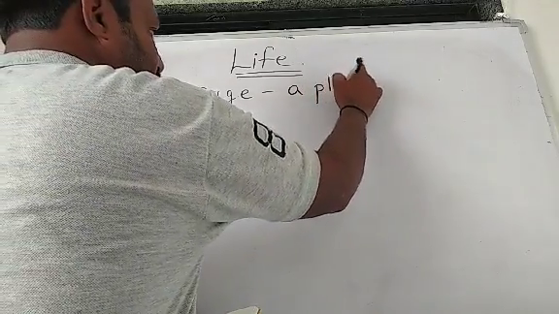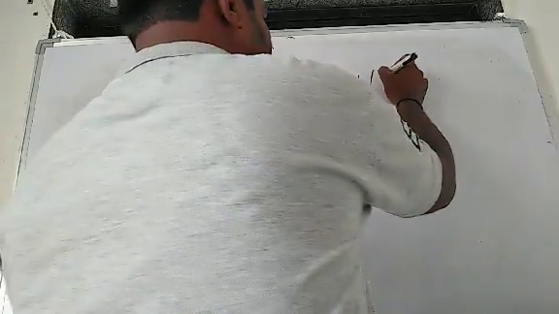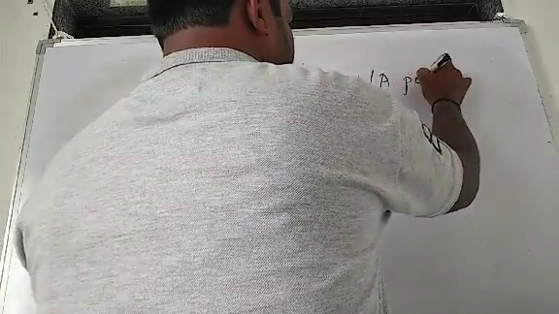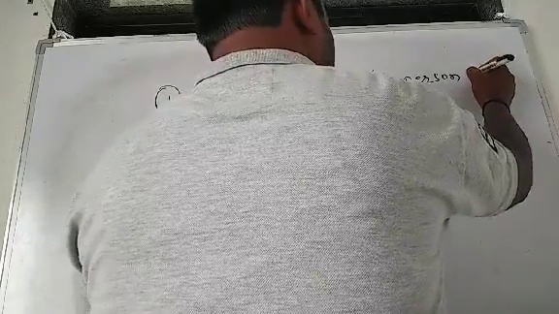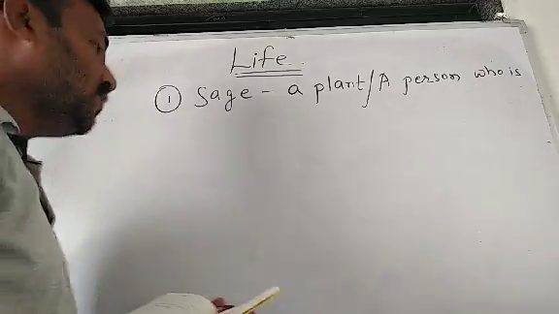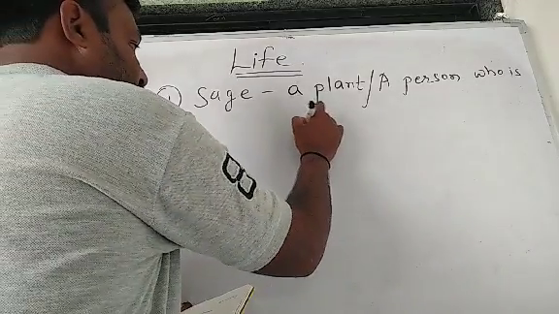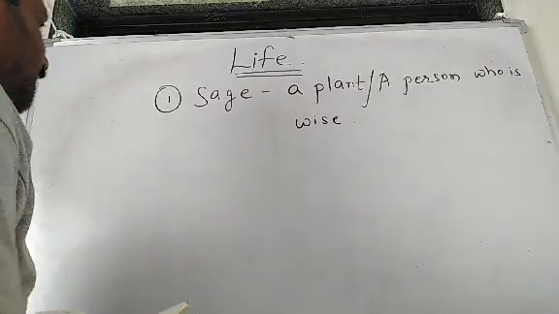It is used as a plant also, but in the poem, here, a sage is a person who is wise.